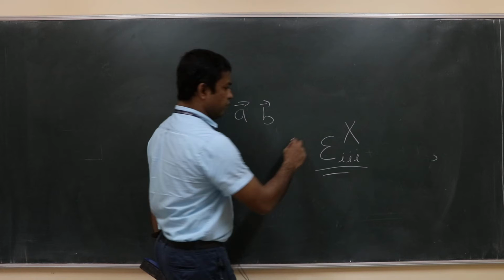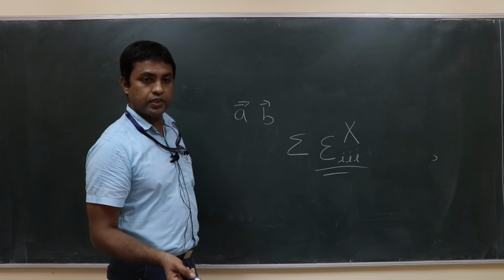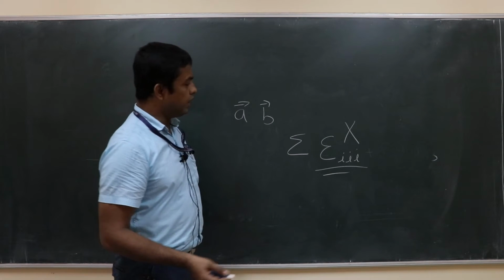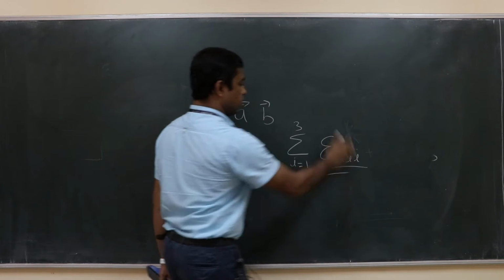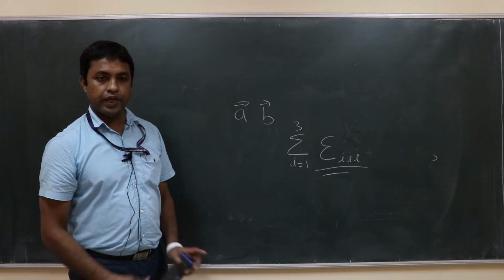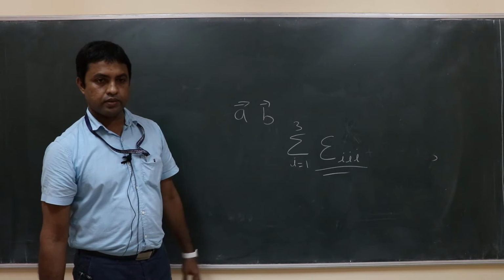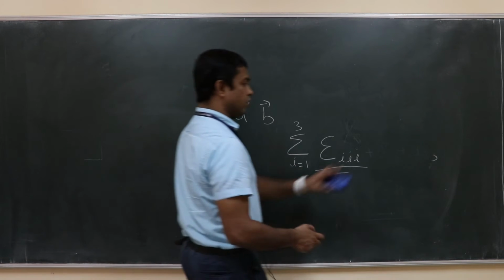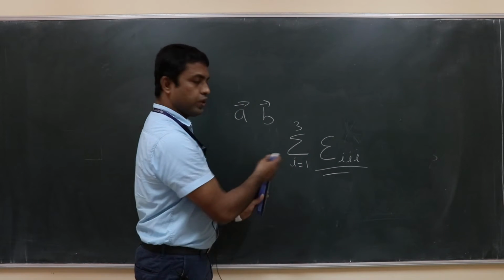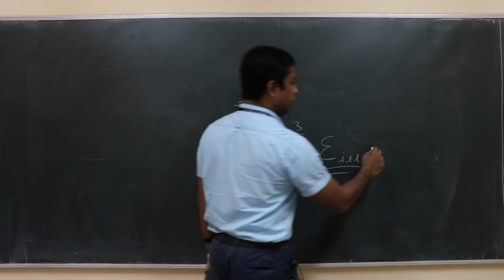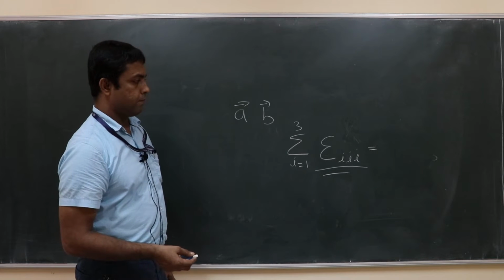If you are not using the summation convention, then you write i equal to 1 to 3, epsilon iii. You can do that, no problem. This is correct, right? So you can do this. The problem is what will be the answer for this? Suppose you are not using the summation convention and the index notation, you can write this down, there is no problem, and it will be equal to 0.